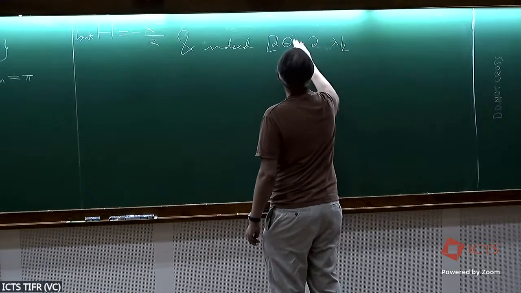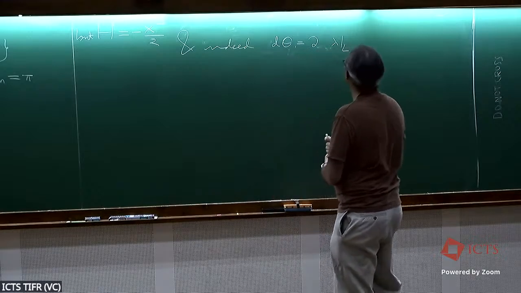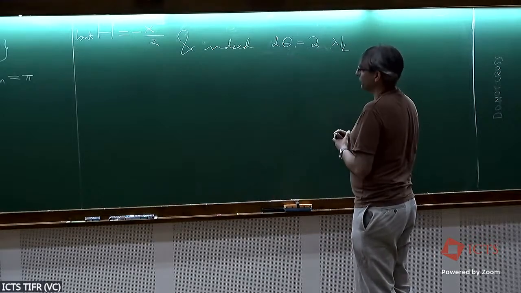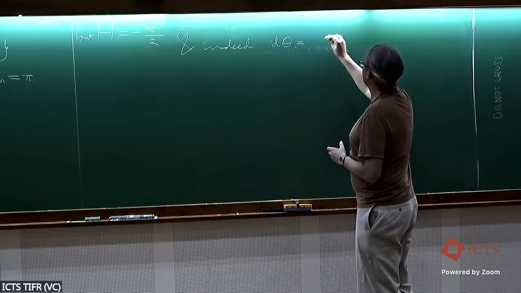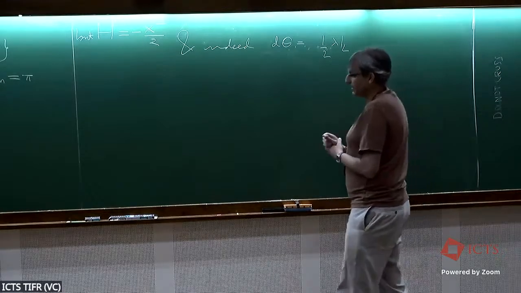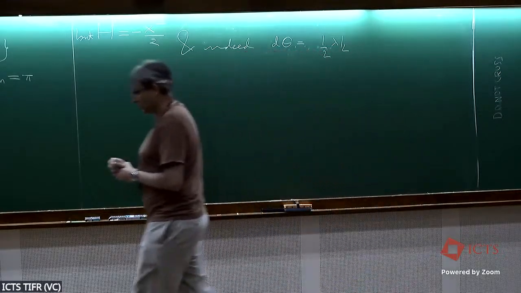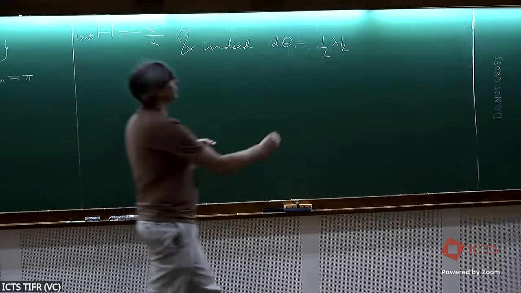Don't even need classes. d theta is 2 times lambda restricted to L. So you get indeed the monotone condition as you expected that you would get. So it implies monotone, as we knew it had to be.